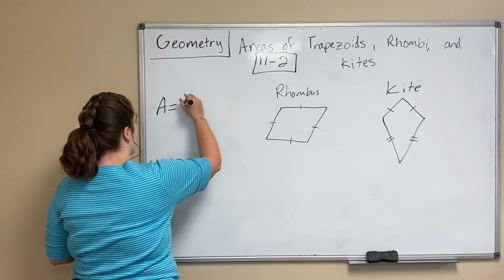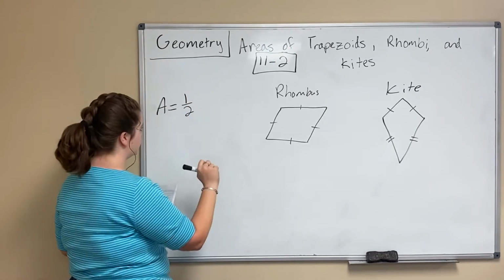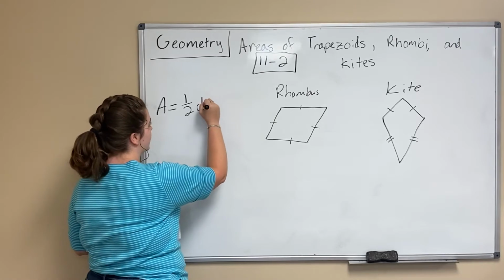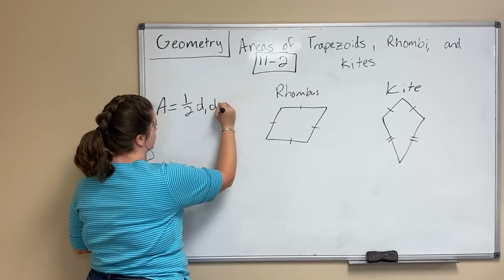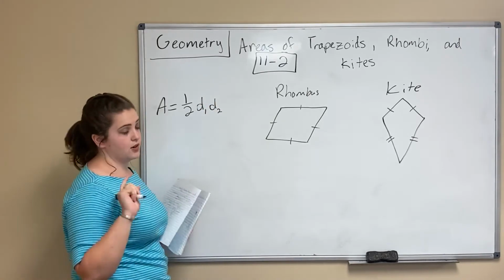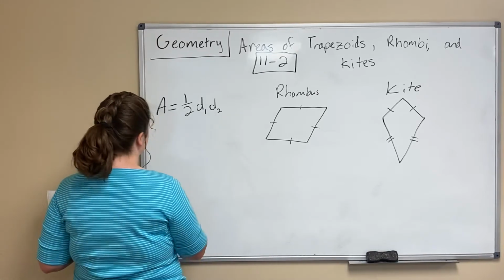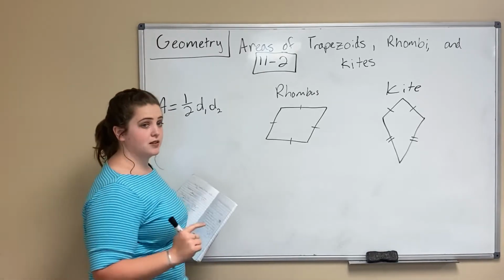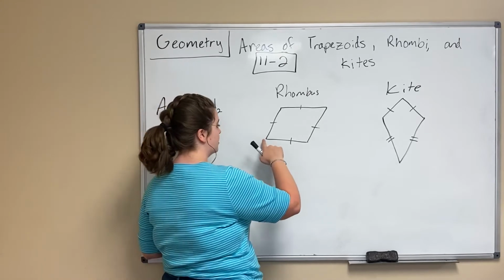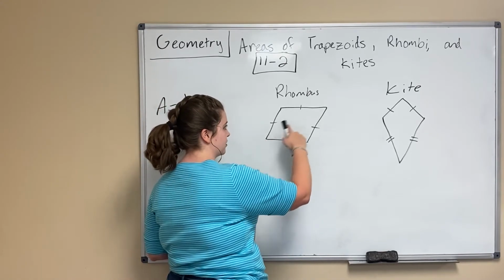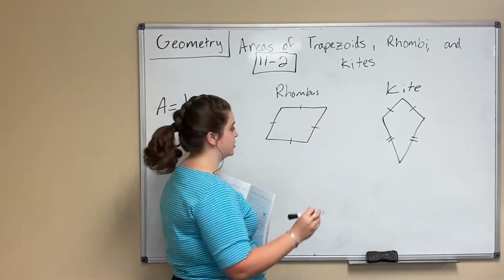Now the way that we find the area of both a rhombus and a kite is by taking 1/2 and multiplying that by both of its diagonals. The D right there stands for diagonal. If you guys remember what a diagonal is, it's going from one vertex across to its opposite vertex.